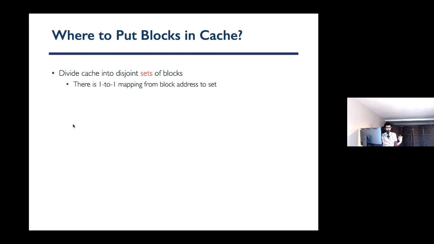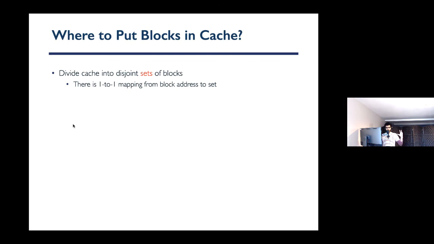Okay, so we're going to divide the cache into disjoint sets of blocks. Each block in your cache is going to be a member of a particular set.